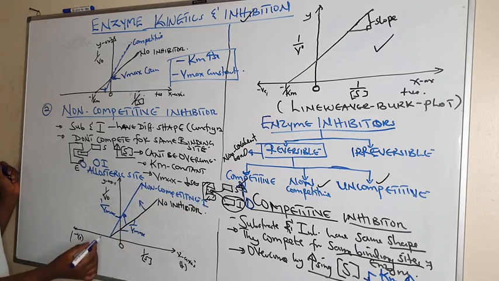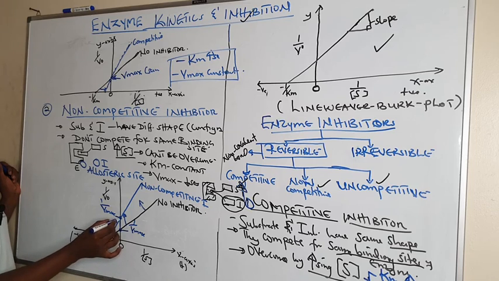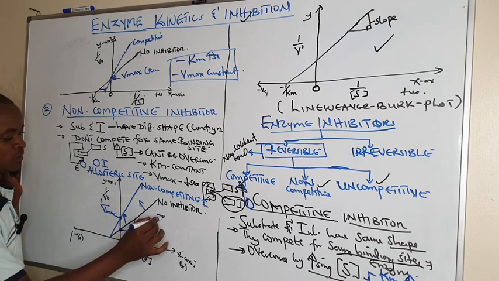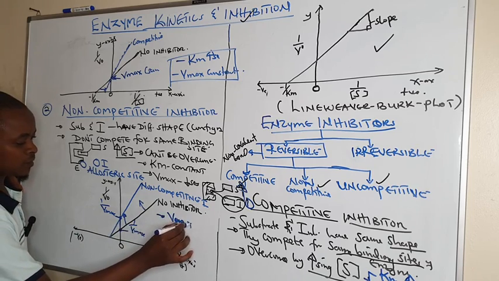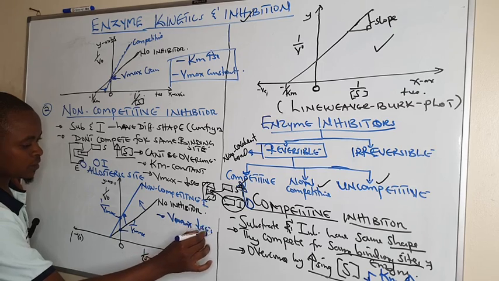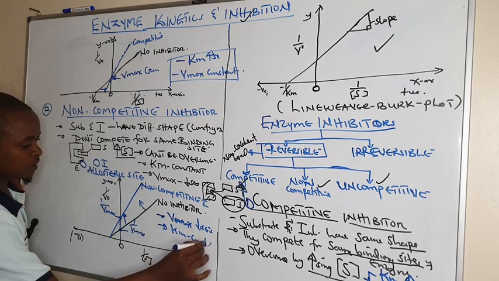That's why for a non-competitive inhibitor, we are seeing the Vmax decreases from this point to this point, because it is a reciprocal plot. So Vmax decreases, whereas Km is constant or remains the same.